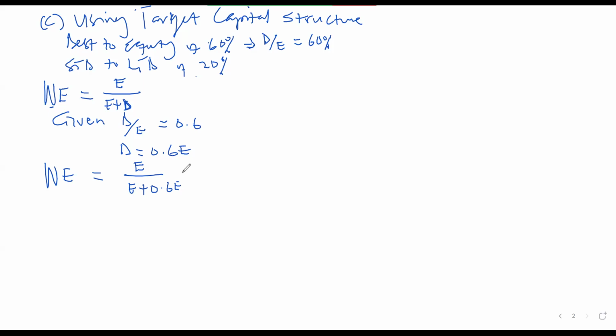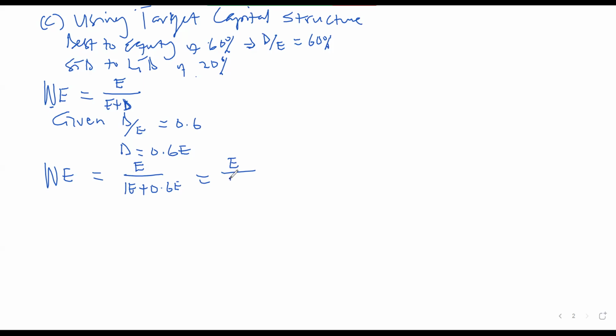So let's simplify that. This can further be equal to E over E plus 0.6 E, which will give you what? 1.6 E, because this E has a coefficient of 1, so you add that 1 to 0.6.